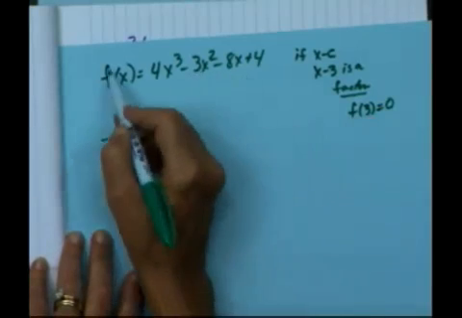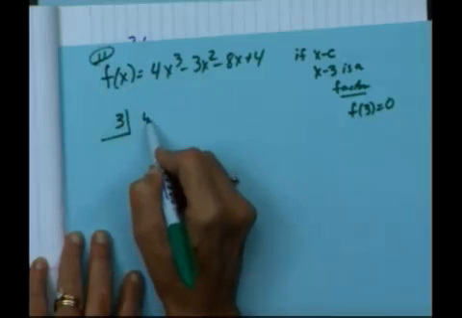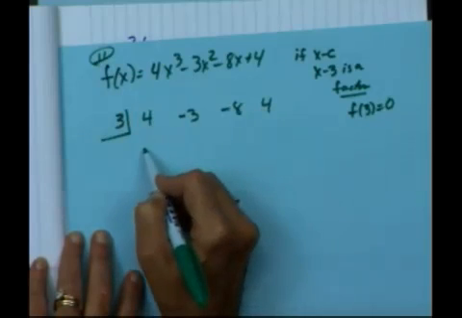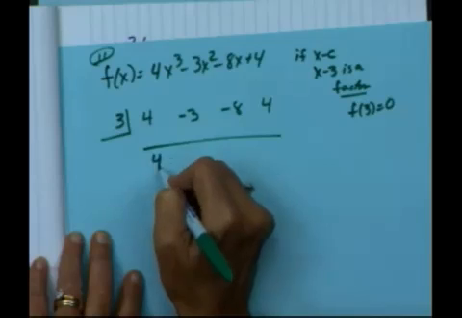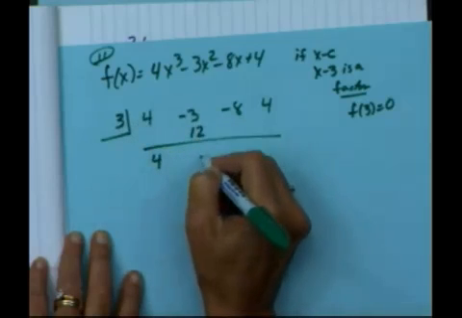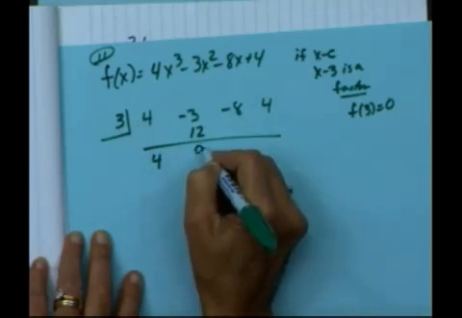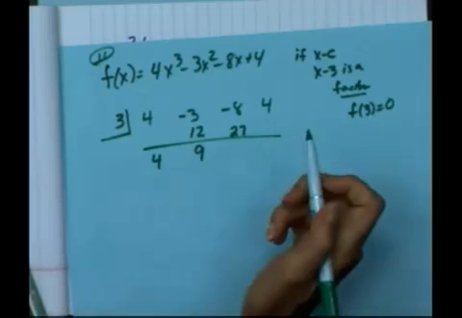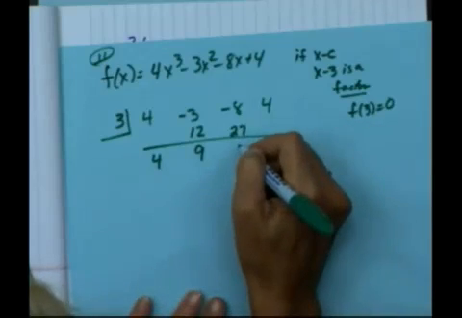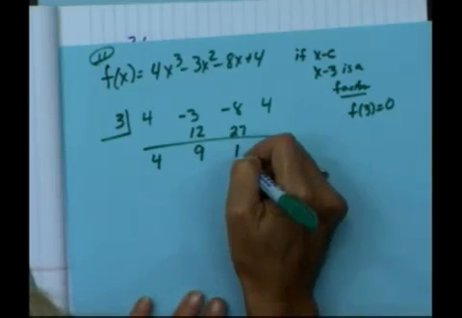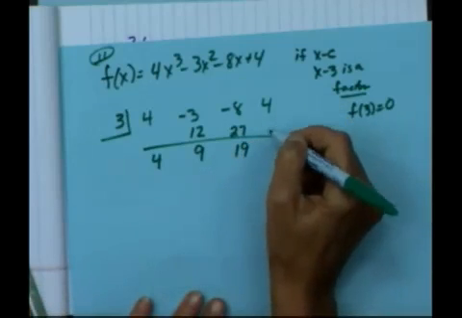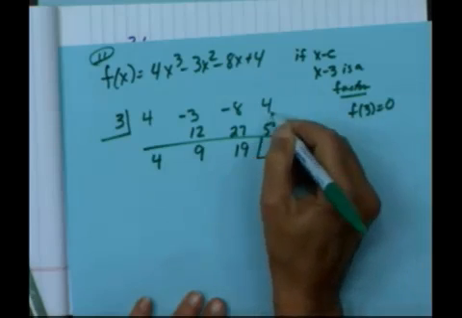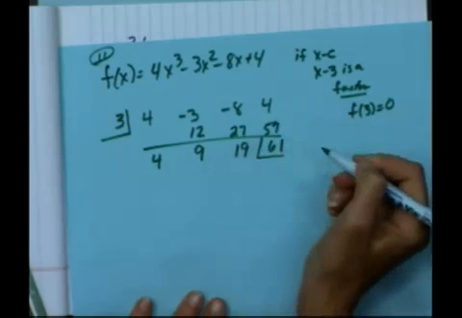So we'll do 4, negative 3, negative 8, 4. Bring down the 4. 4 times 3 is 12. Add. That's 9. 9 times 3 is 27. Add. That gives me negative 19. Negative 19 times 3 is negative 57, and the remainder is 61.